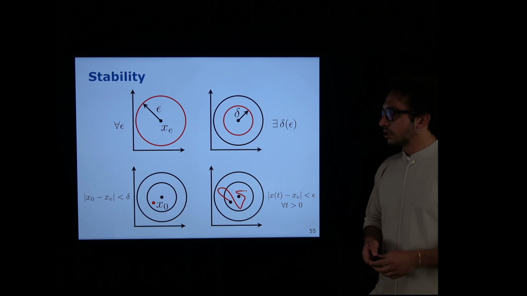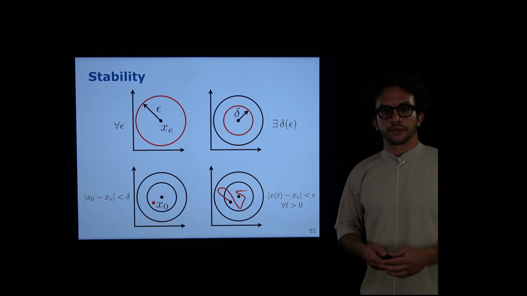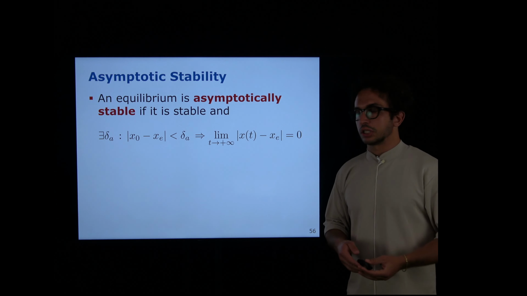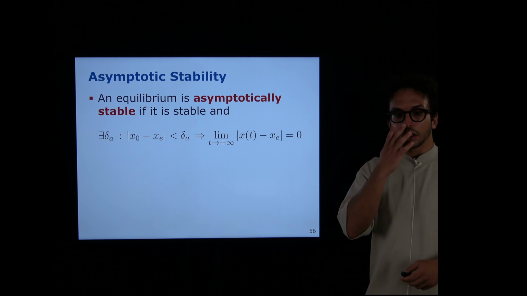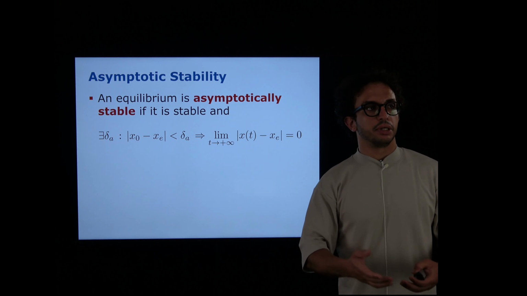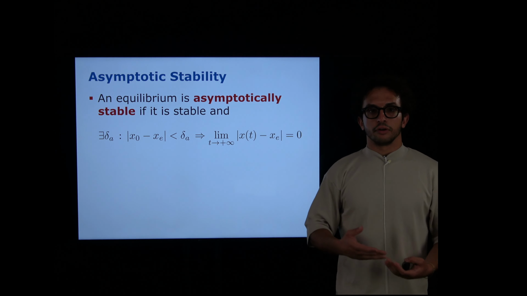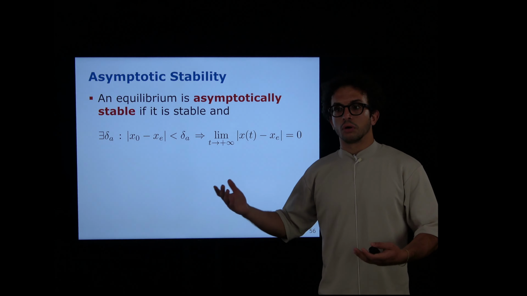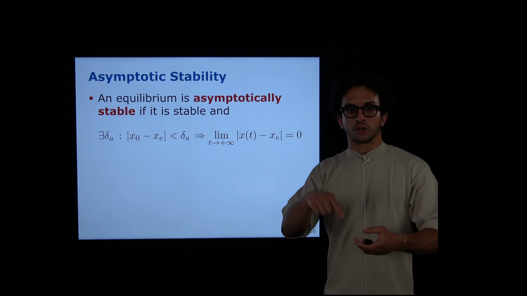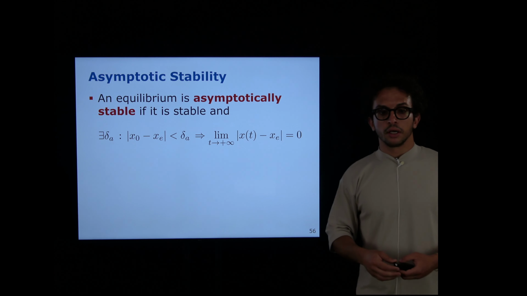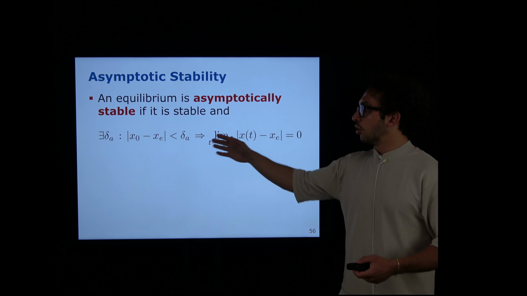So actually, this is a very important property in control theory, which is called asymptotic stability. An equilibrium point is said to be asymptotically stable if it is stable, so the evolution stays very, very close to the equilibrium, but also this thing holds.